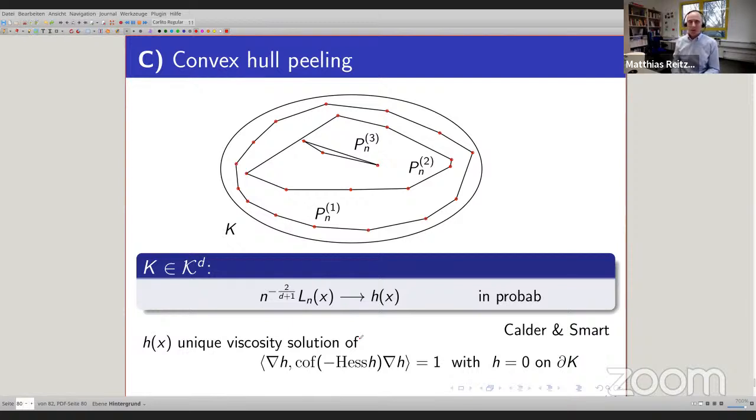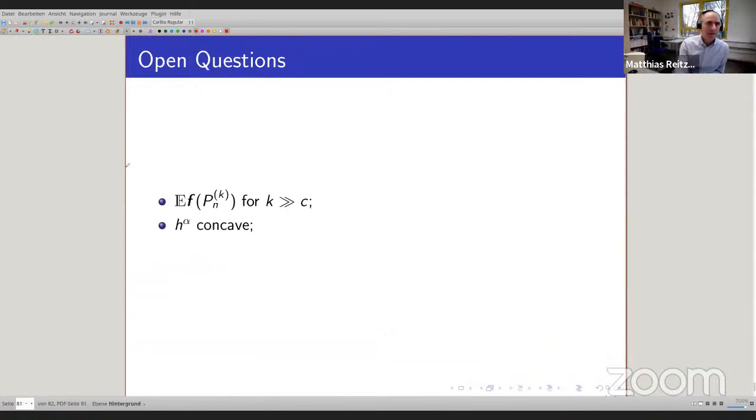Okay, it's still open in my feeling what this function h of x really looks like. We have a description in form of a partial differential equation. But one of the interesting open questions would be for me: is it true that this is a concave function? Because this is what one would expect.